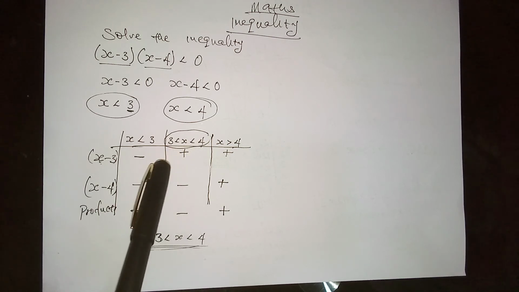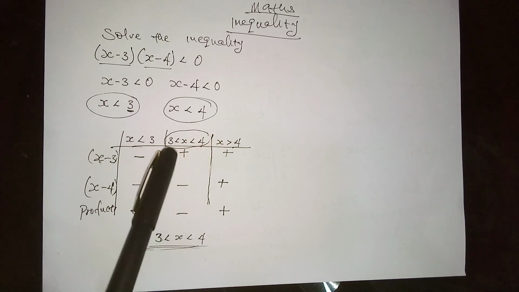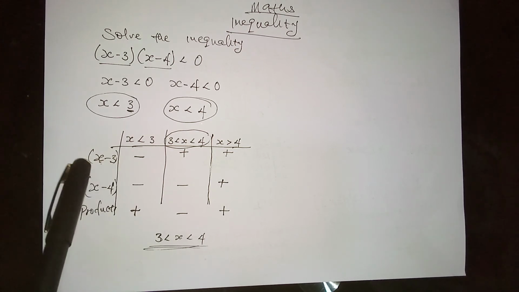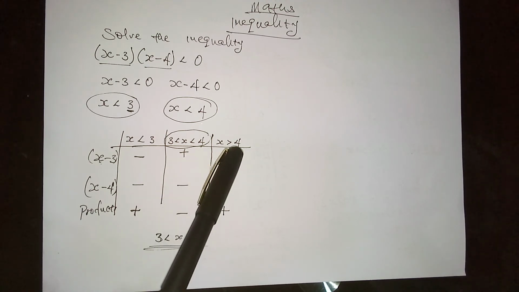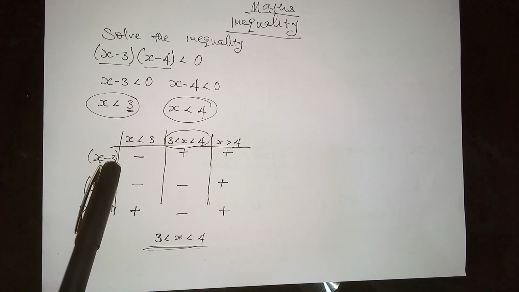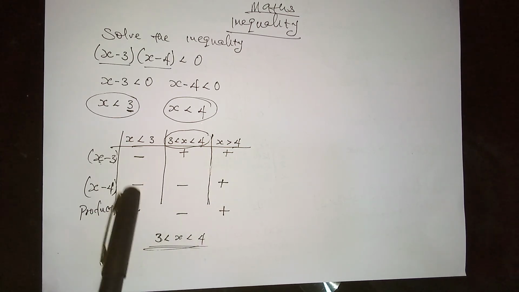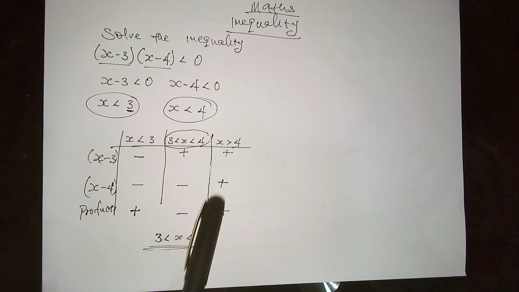Then a number between 3 and 4, not more than 4 and not less than 3, subtract 3 from it, positive or negative? Then a number greater than 4, subtract 3, positive or negative? Then multiply the signs. Minus into minus is plus, plus into minus is minus, plus into plus is plus.